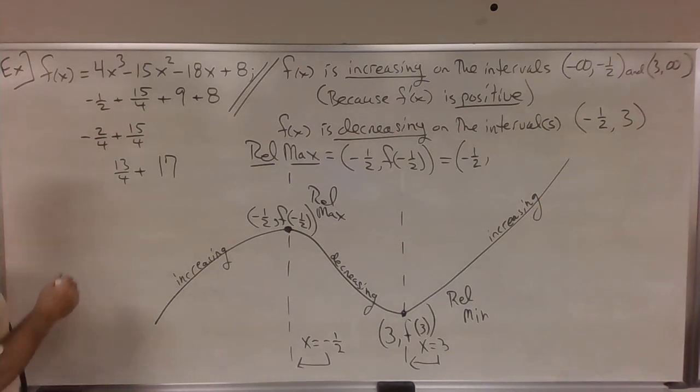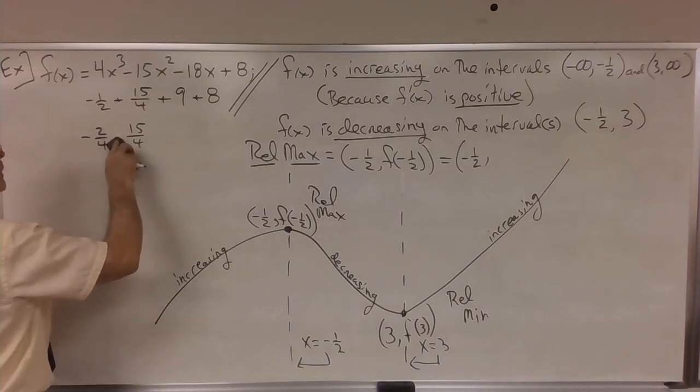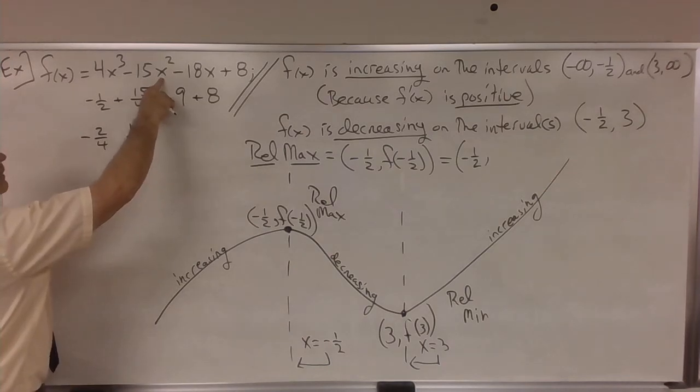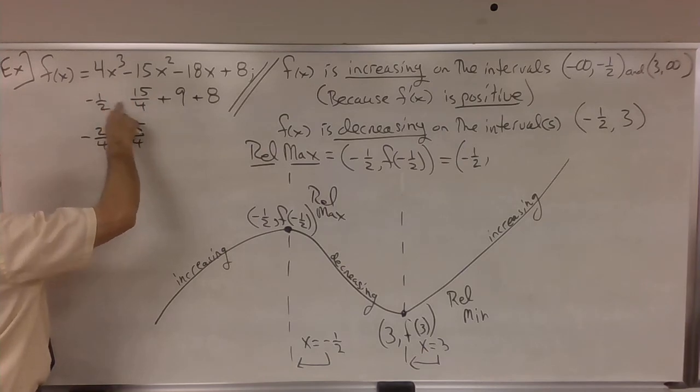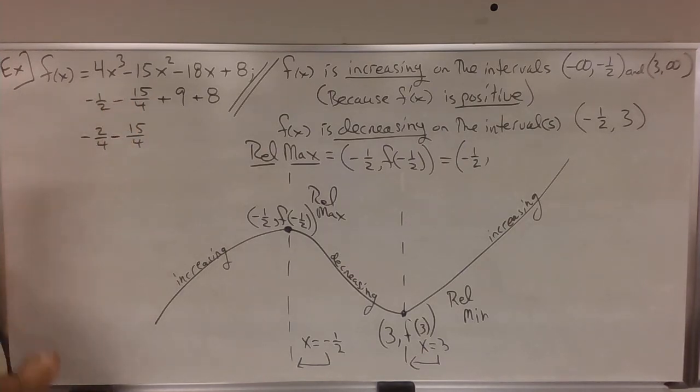I beg your pardon. Please excuse me for being a moron. -0.5 squared is +1/4. Times -15 is -15/4. Okay. I think I'm looking a little bit better now. Maybe.